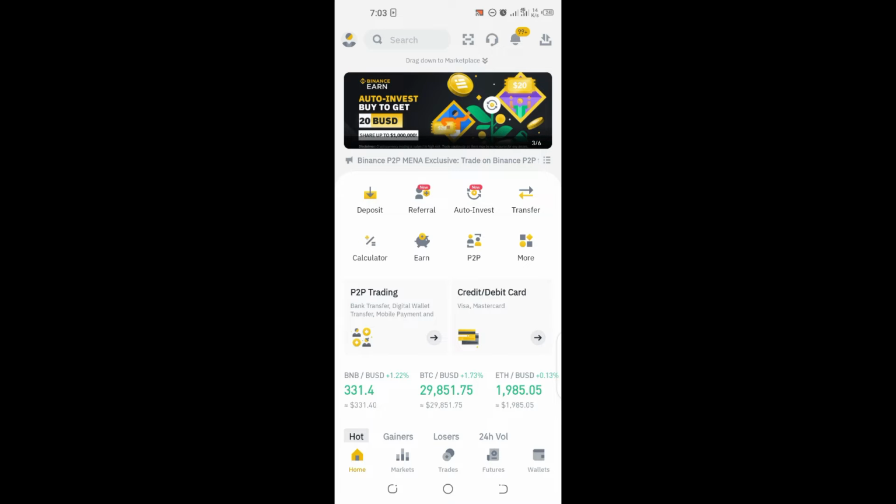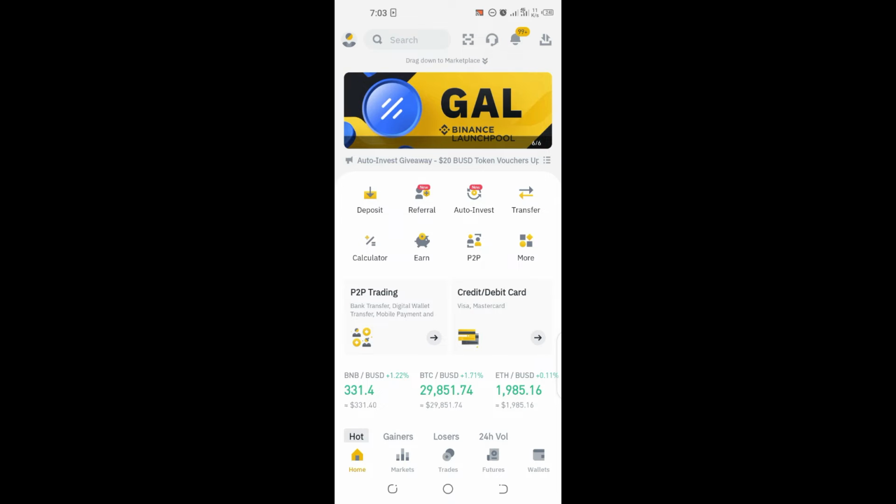When you toggle that button, it tells you whether you are on Binance Lite or Binance Pro. Right now, as you're seeing, you are on Binance Pro.